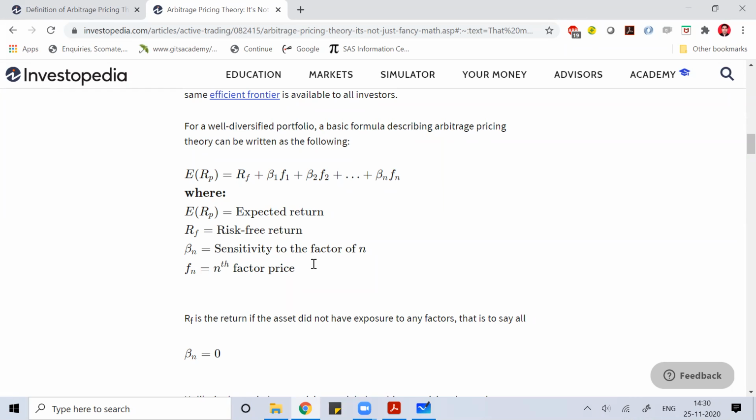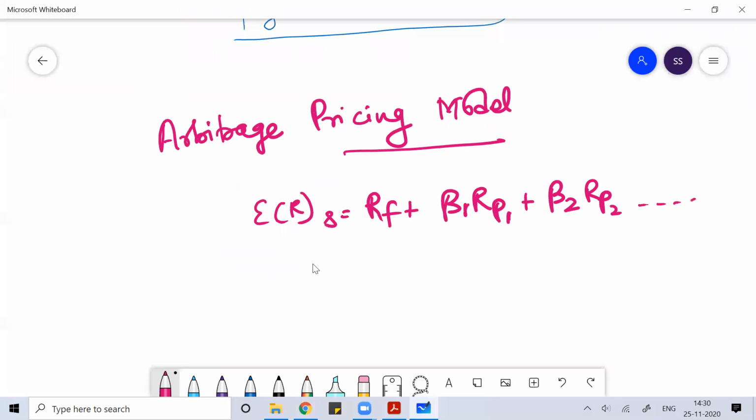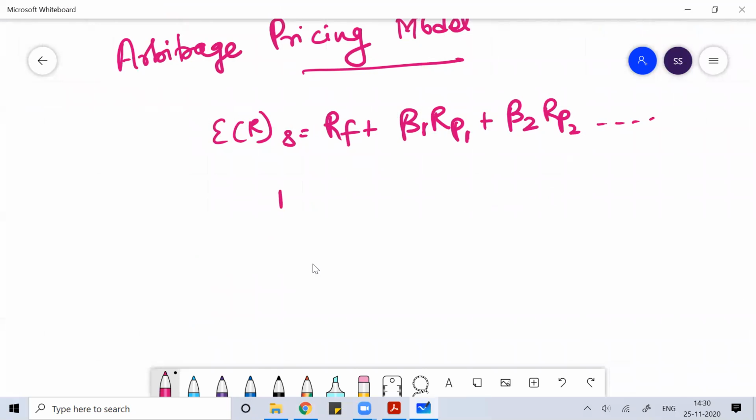Different forms of risk, like if I talk about a currency movement, suppose $1 is equal to 75 rupees. What would be my return if I invest my money in dollar rupee contracts?